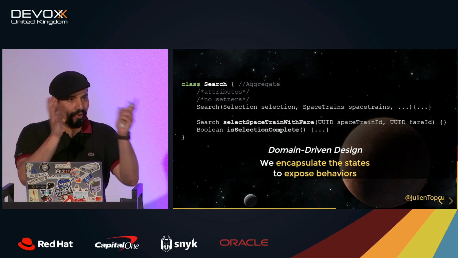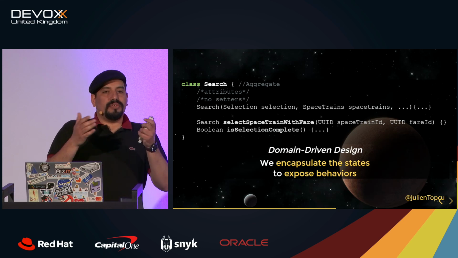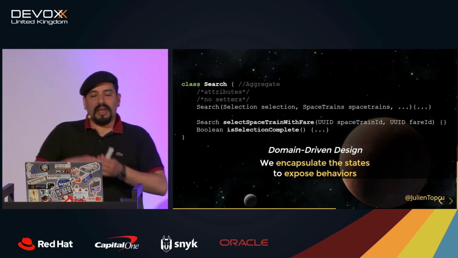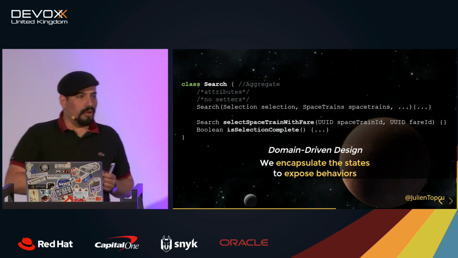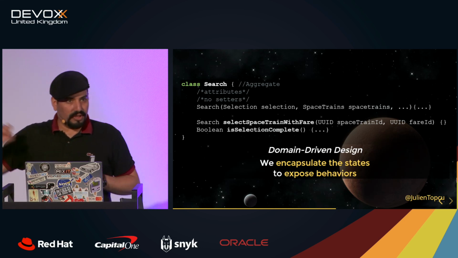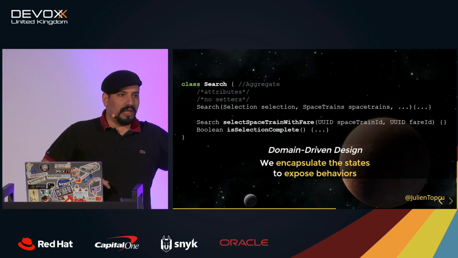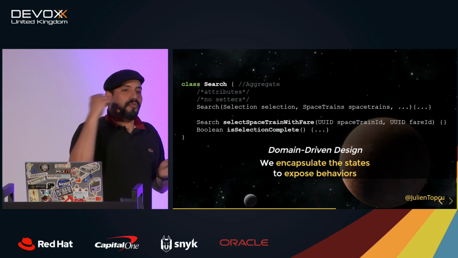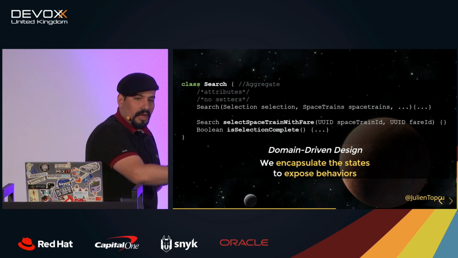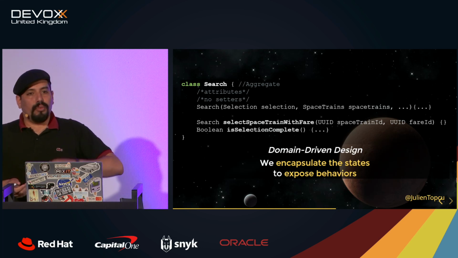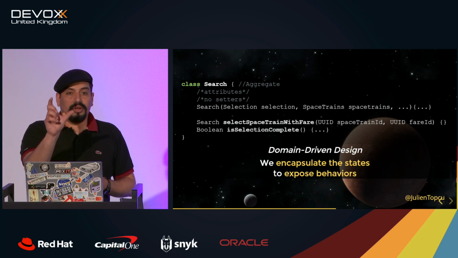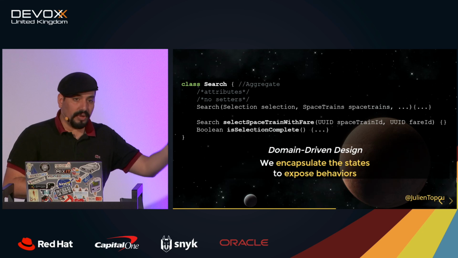For example, you have done a search from London to Leeds. It means that your criteria says your departure is London, your arrival is Leeds. If you hit the search button, it means also that you have trains coming from London going to Leeds. Let's imagine now that the user wants to change. He wants to go to Manchester. And you have done a set criteria saying, okay, he wants to go to Manchester.